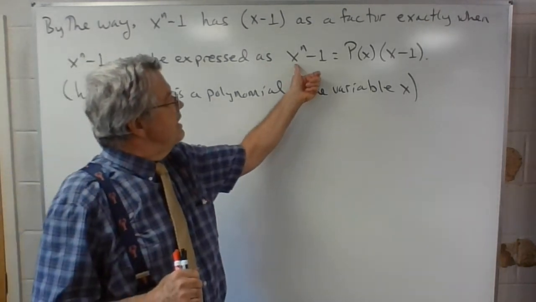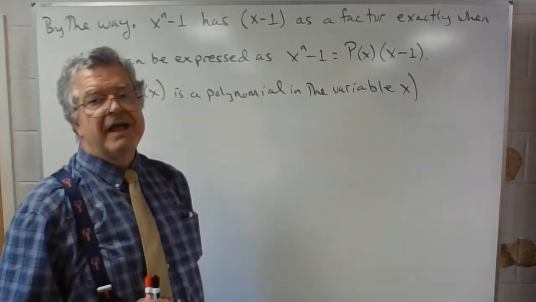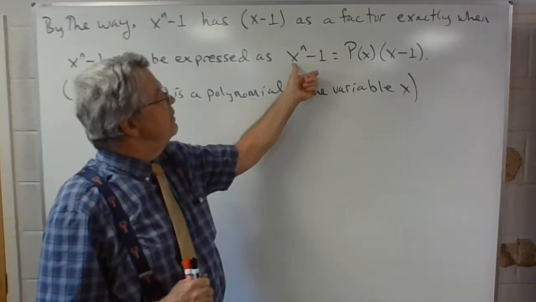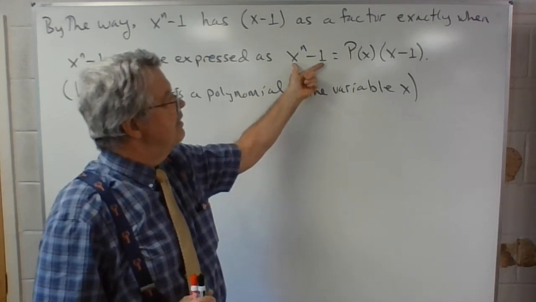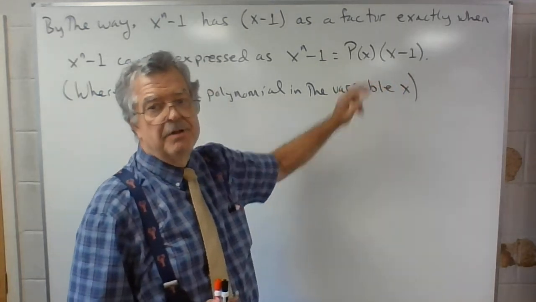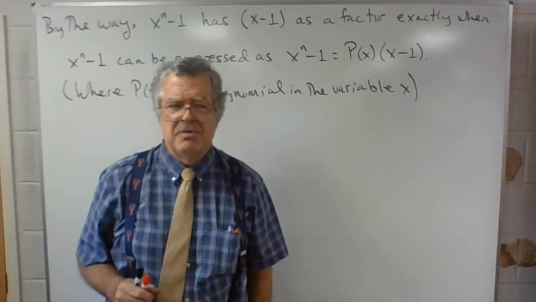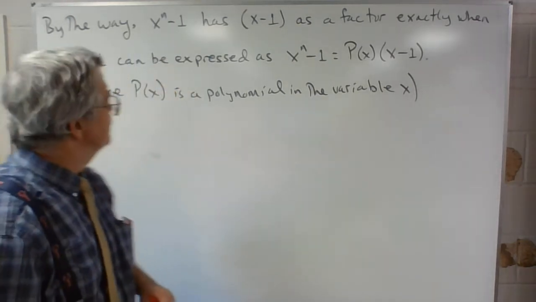So x to the n minus 1 has x minus 1 as a factor exactly when we can write x to the n minus 1 as the product of x minus 1 times some polynomial. Did we do that in the case of n equal 1?